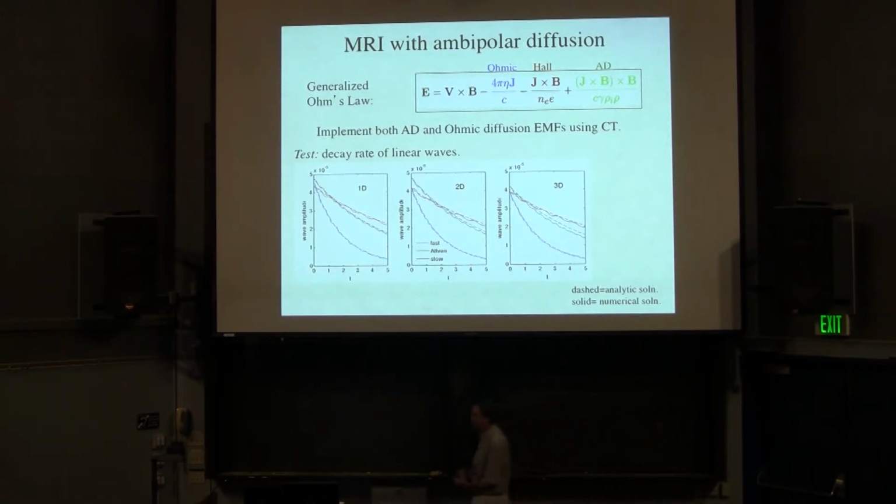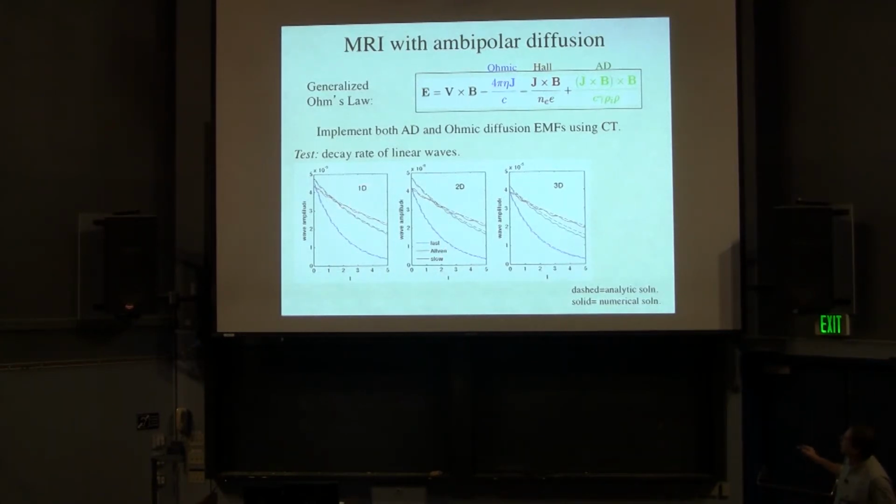And then good tests of this are linear waves with, for example, resistive effects. So there are analytic solutions for the damping of Alfvén waves with ohmic dissipation, and for Alfvén waves with ambipolar diffusion.